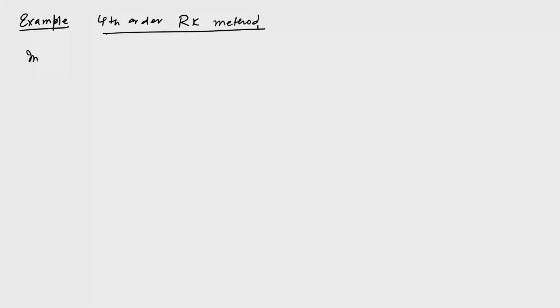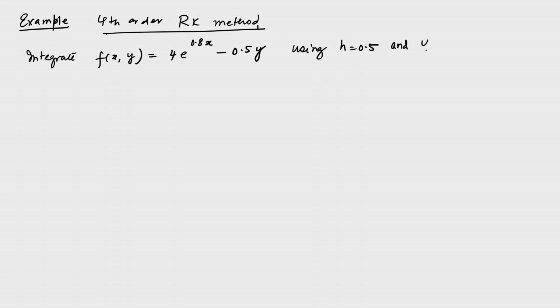So, let us integrate f(x, y) equal to 4 e^(0.8x) minus 0.5 y, using step size of 0.5, initial value y0 equal to 2, from x equal to 0 to 0.5.